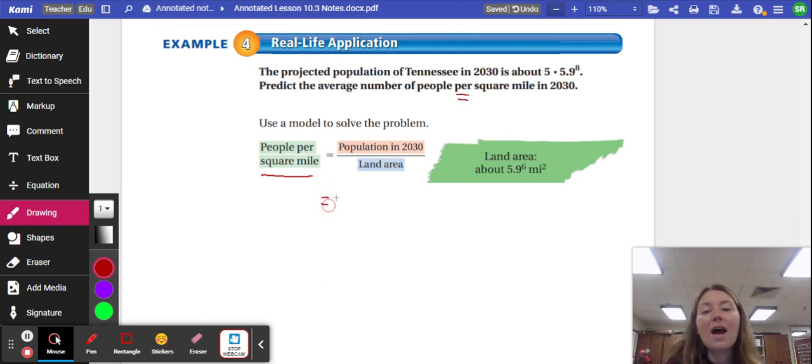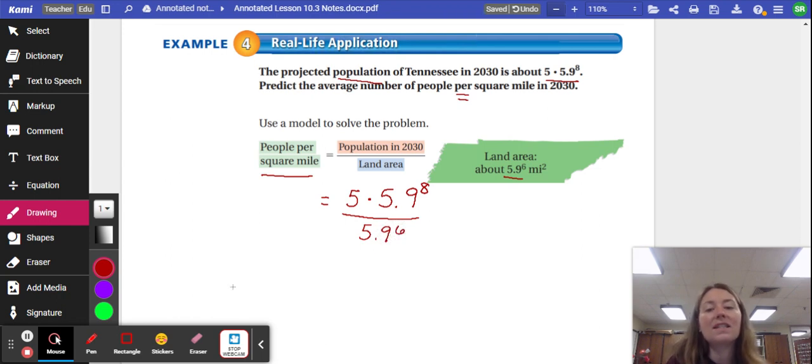To find that out, I need to do the population in 2030. It told me the population is about this, 5 times 5.9 to the 8th power, divided by the land area. The land area is given to me here, 5.9 to the 6th power.